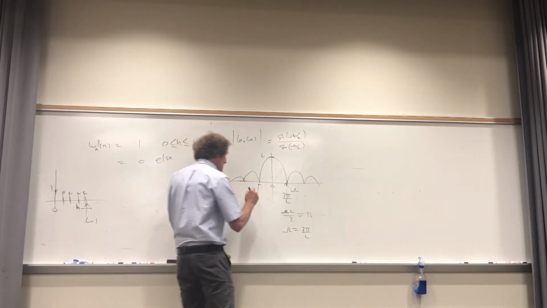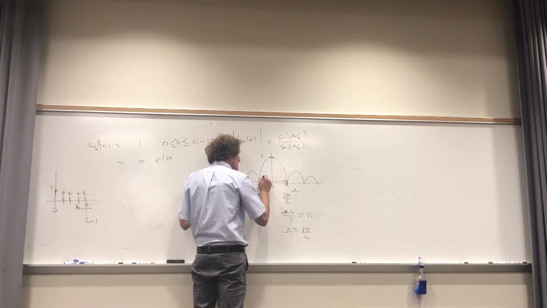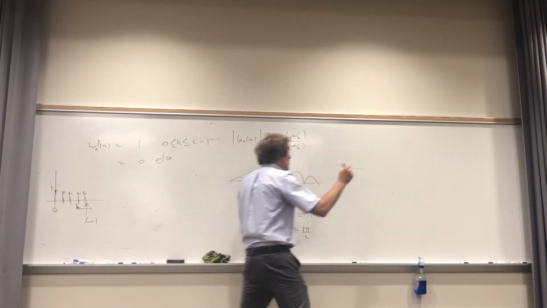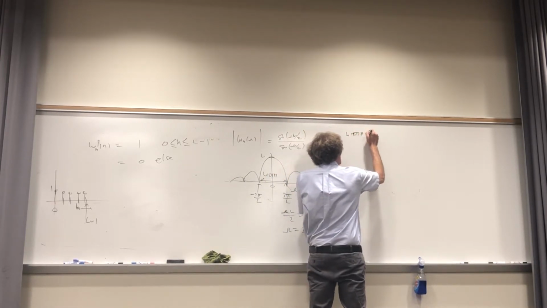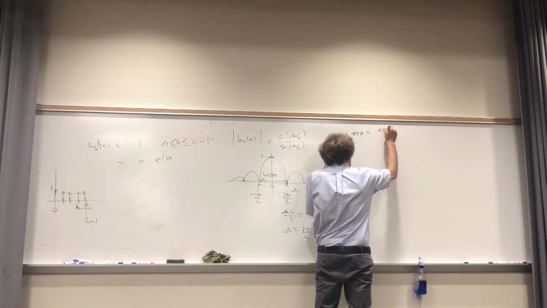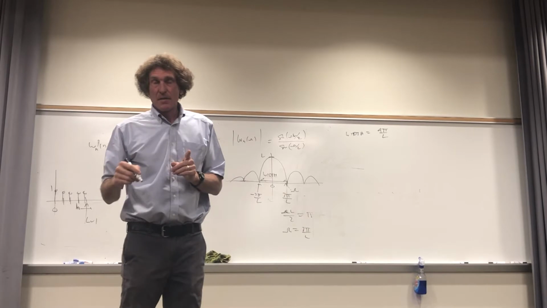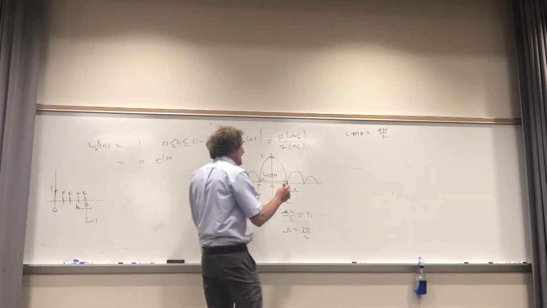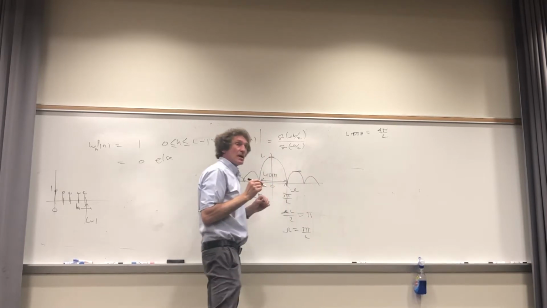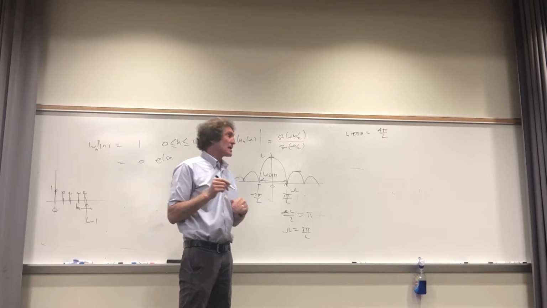Minus 2 pi over L. And that means the total width of this window is going to be equal to 4 pi over L. That's the narrowest possible width you can get. The downside of this is if you took a look at this value here, you would see it would be 13.2 dB less than this.